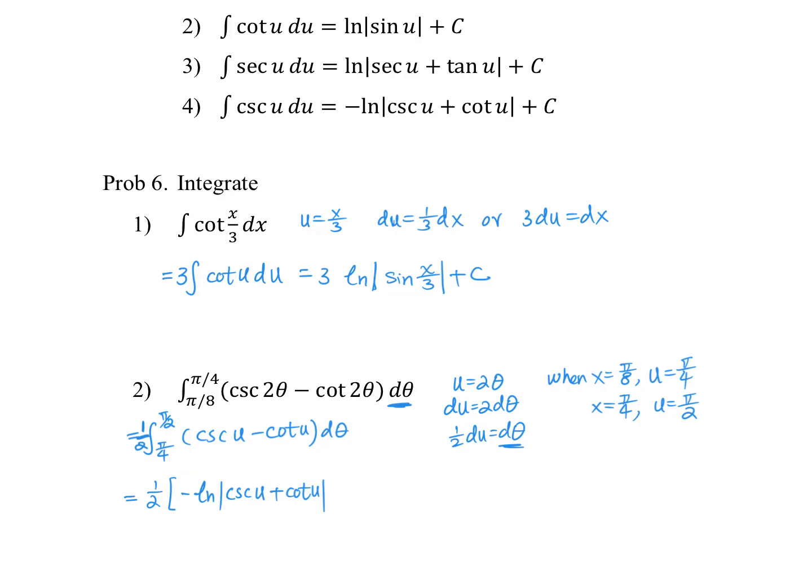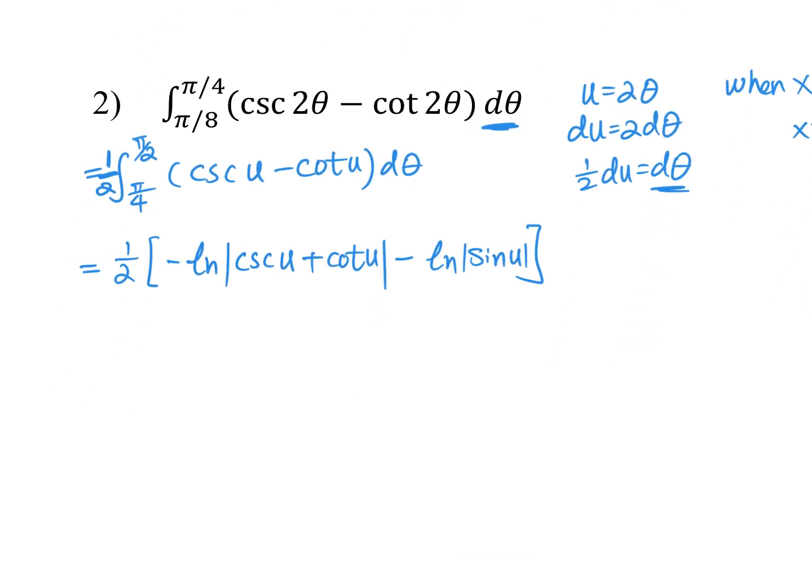And then the second one, the antiderivative of cotangent u is ln sine u, but there's a negative sign there, so it's minus ln absolute value of sine u. Okay, and let's write the limit. The lower limit is pi over 4, the upper limit is pi over 2. Let's evaluate it now.